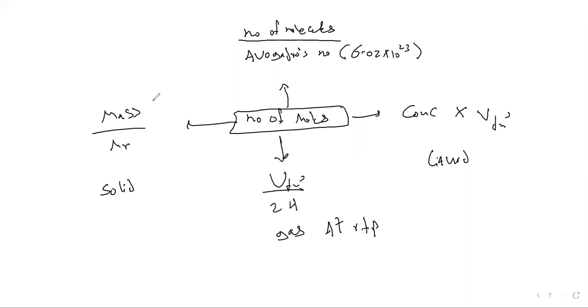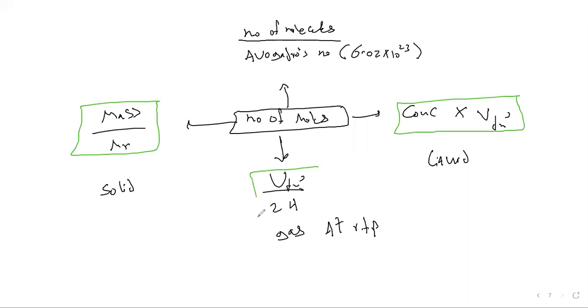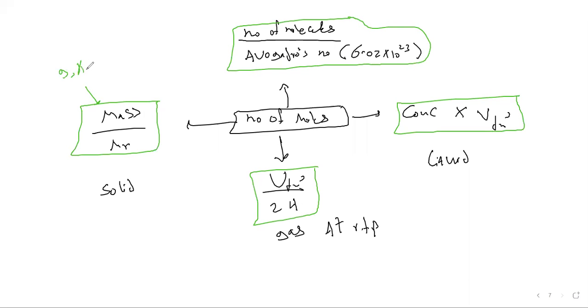How do we know whether to use mass over molar mass, concentration multiplied by volume, volume over 24, or number of molecules over Avogadro's? It depends on the givens that you have. If you have gram, kilogram or ton, it means that you have a mass.